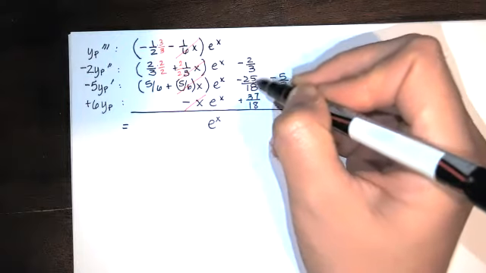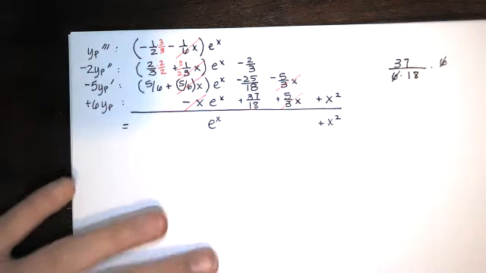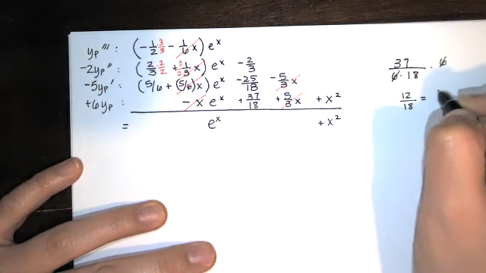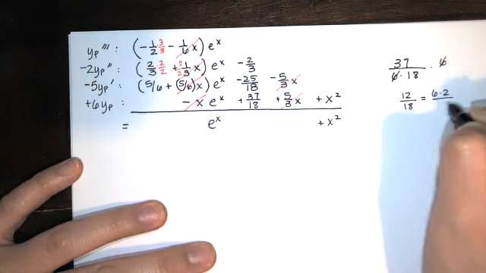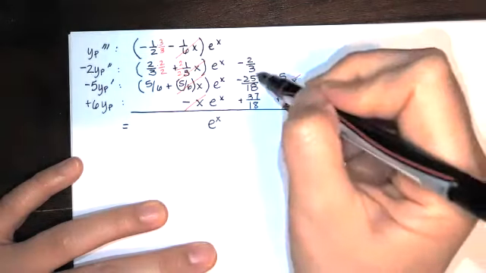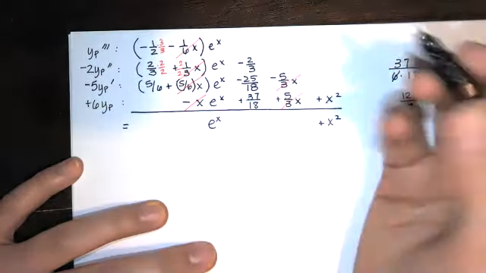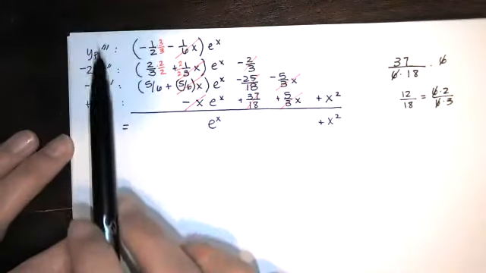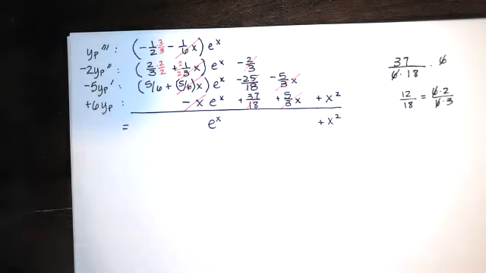And then here, these I can combine. This is going to give me a 12/18. And 12/18 is 6 times 2 over 6 times 3. So the 6 is reduced, and that's 2/3. So this is 2/3 minus 2/3. That's 0. So when we substitute y sub p into the left-hand side, we get the right-hand side.